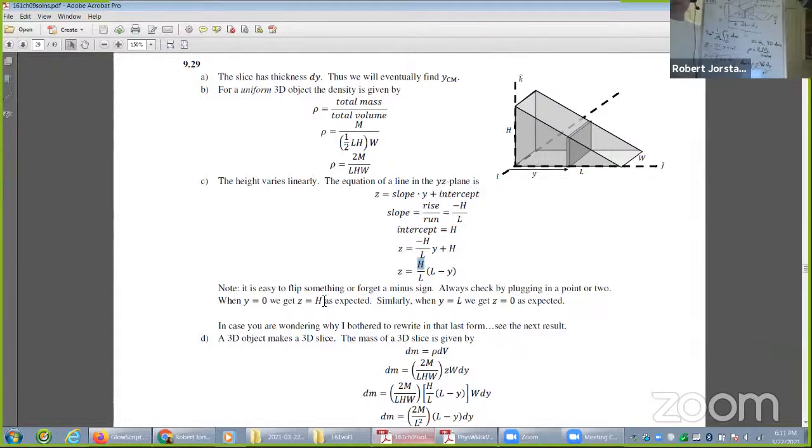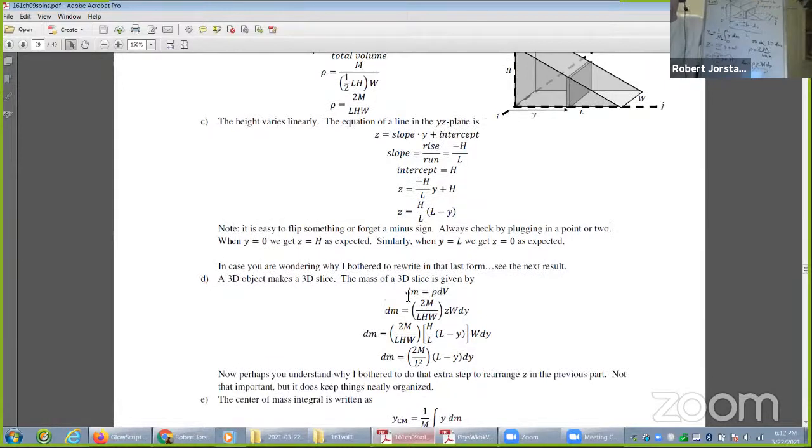If you plug in y equals L here, or y equals L here, notice this with the minus sign gets the correct result, whereas the one that Denna suggested originally, H over L, does not. And so, Denna, I'm trying to tell you that this is a way you could check your work later: always check a couple of points. So my apologies if I'm belaboring that more than I need to. Check a couple of points every time you write an equation and make sure it works.